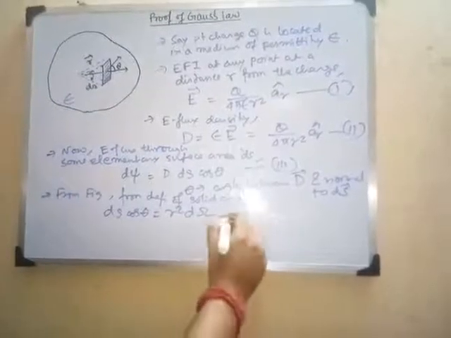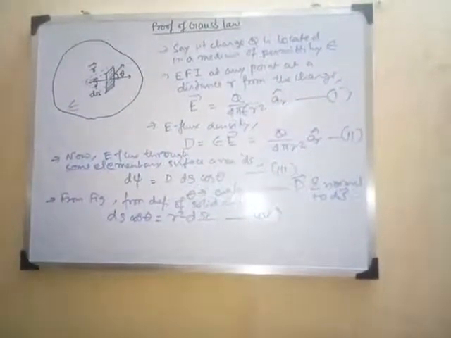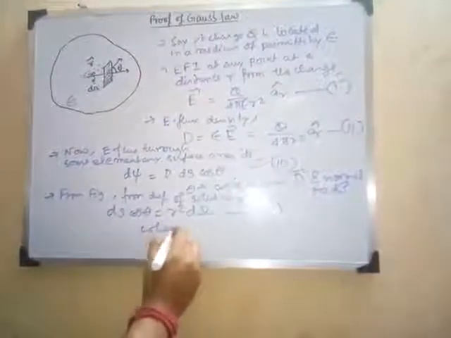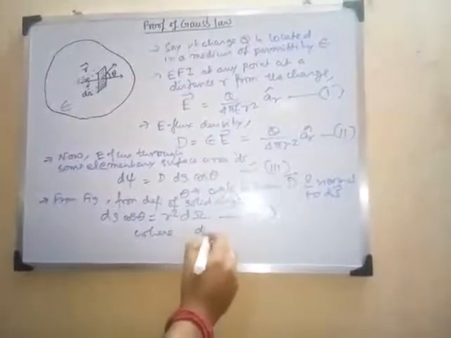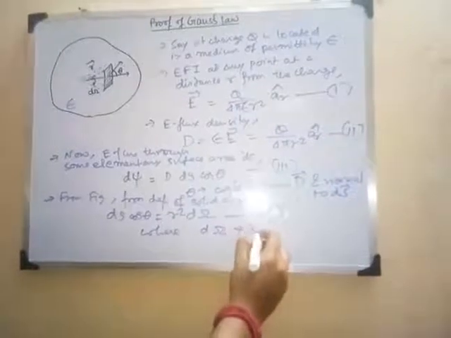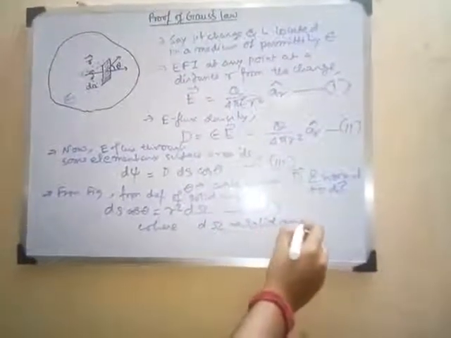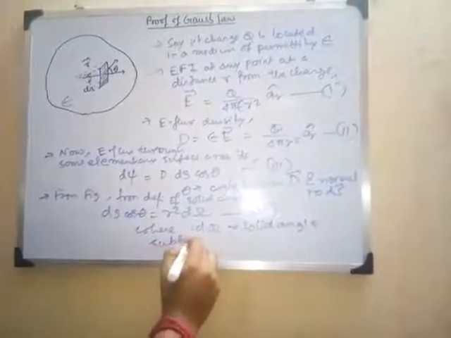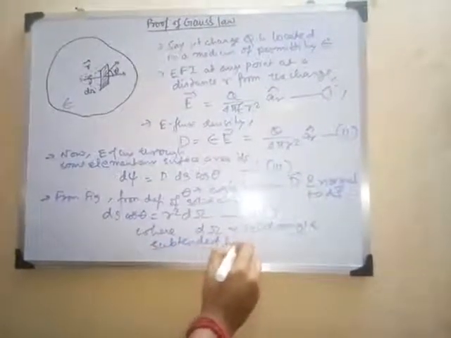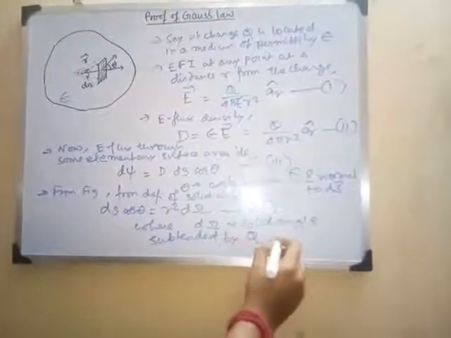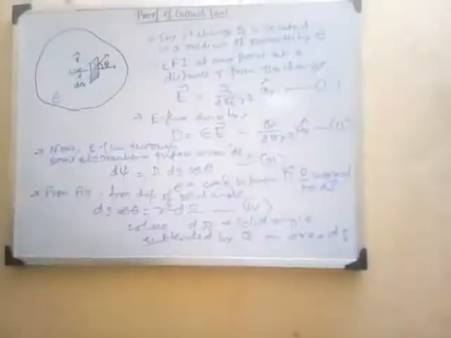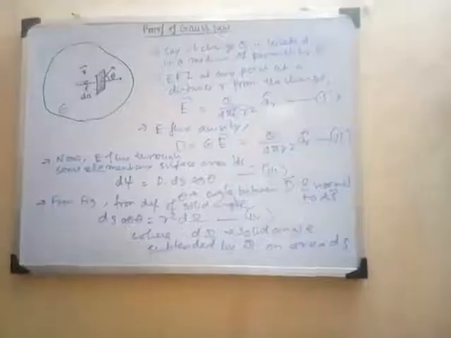This is our expression number 4, where d omega is the solid angle subtended by q on area dS. So this is the definition of d omega.